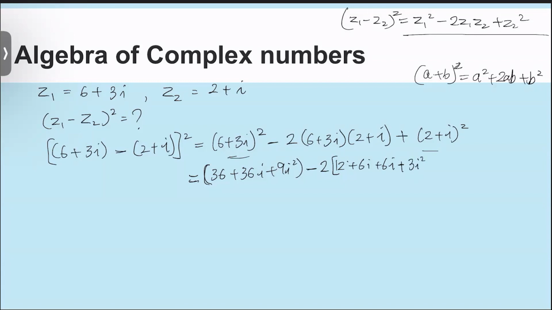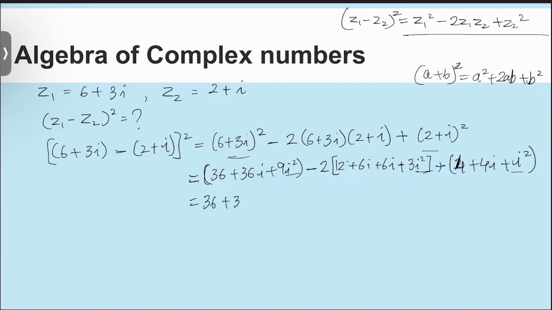And you expand the third term also, so this will be 4 plus 4i plus i squared. You expand and you substitute for the i squared values everywhere.